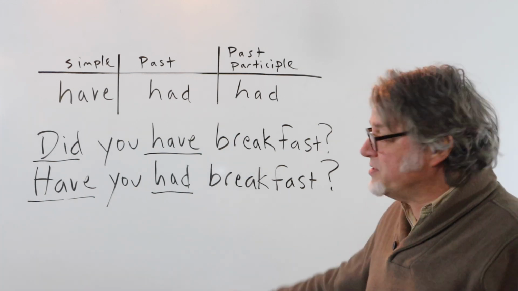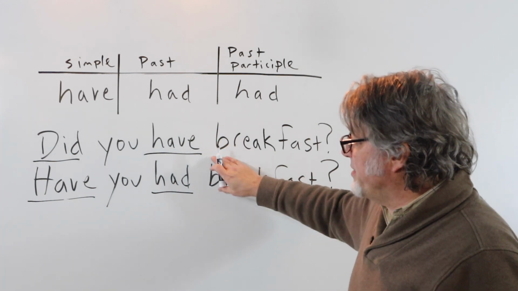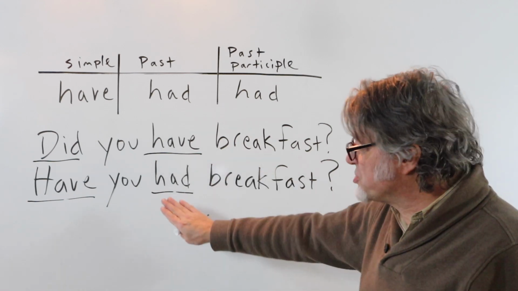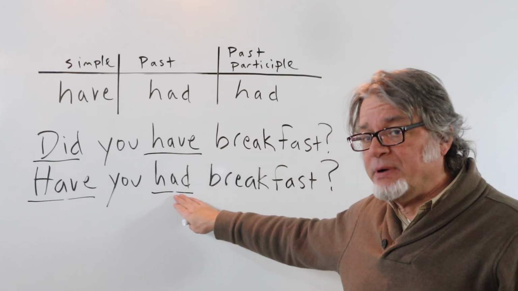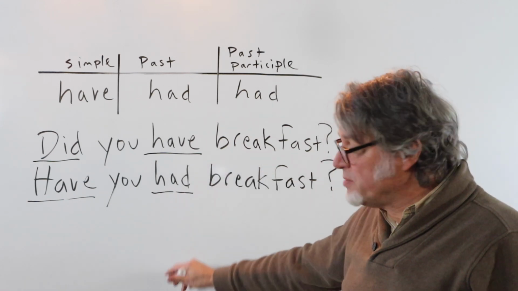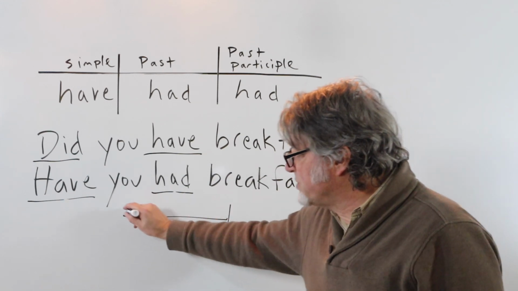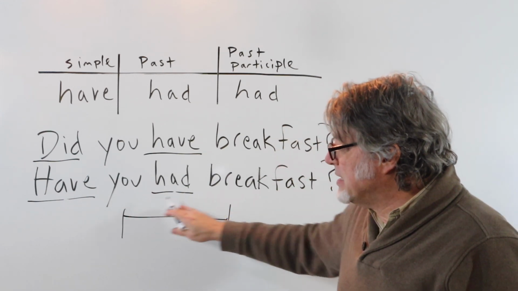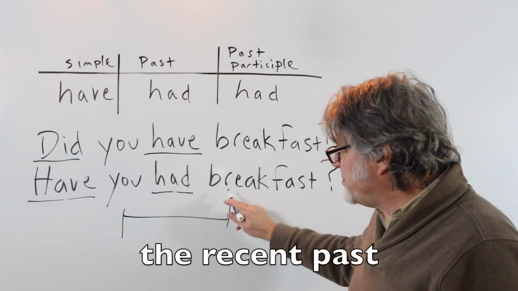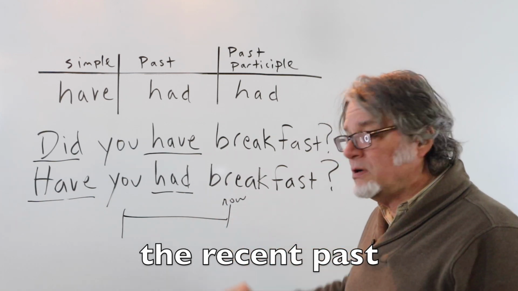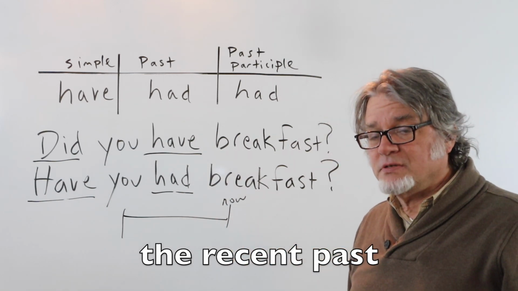The difference is that this is clearly in the past. This question is also asking about the past, but it's in the present perfect, which means that the timeline goes from the past up until now. Have you had breakfast?